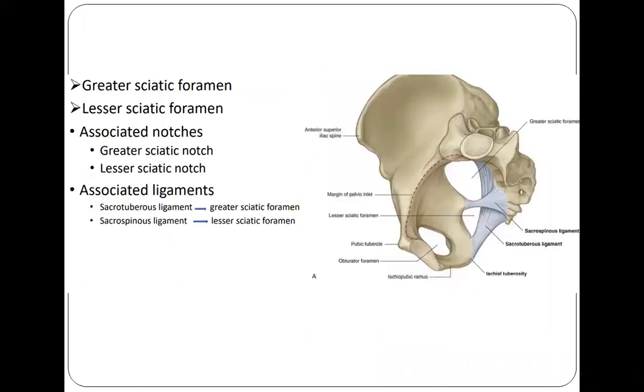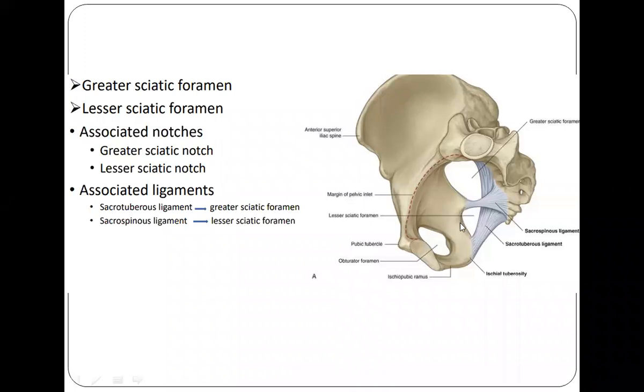Now let's take a look at the bones which are present in the gluteal region. You all know that it is the hip bone, which you learned in osteology class. So I want to draw your attention to the greater sciatic notch and the lesser sciatic notch, which is separated by the ischial spine.